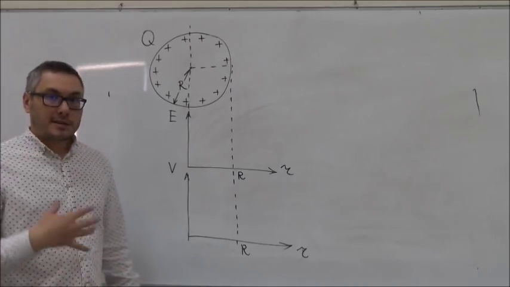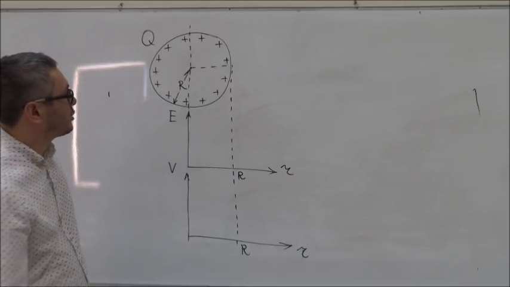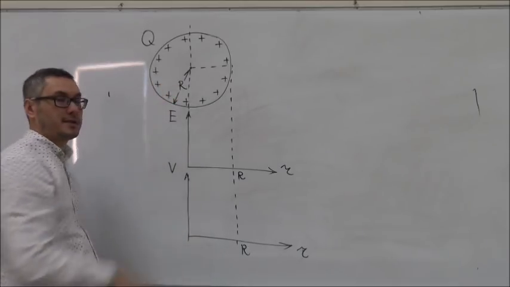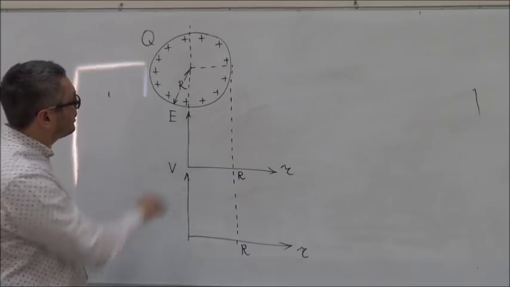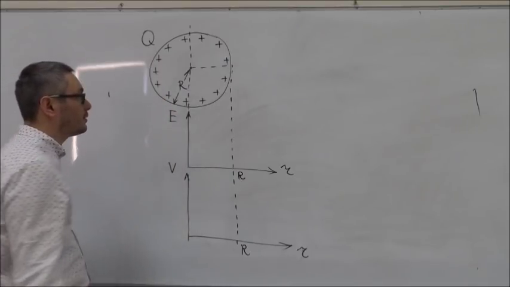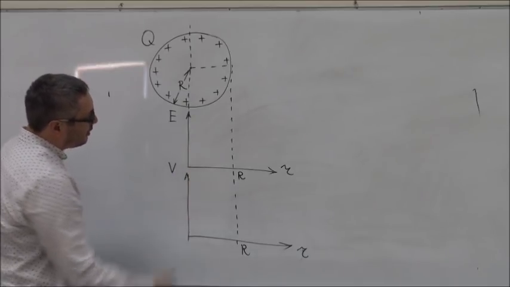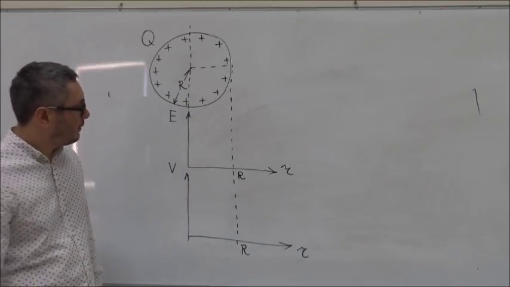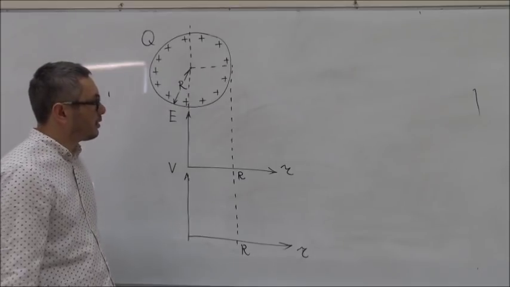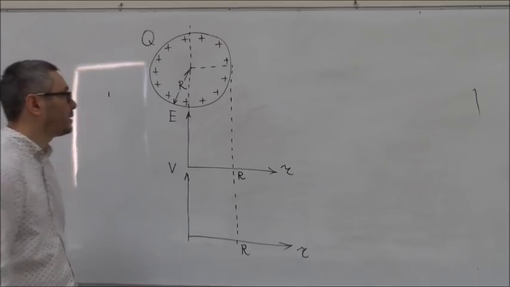Okay, so let's look at a simple example. Let's say that we have a charged conductor in the form of a solid sphere, carrying some excess charge Q, which is positive. Now we want to reconstruct the electric field strength as a function of r and the electric potential.